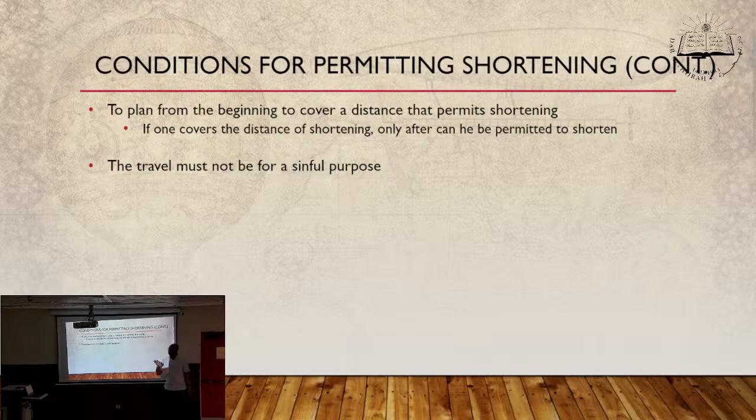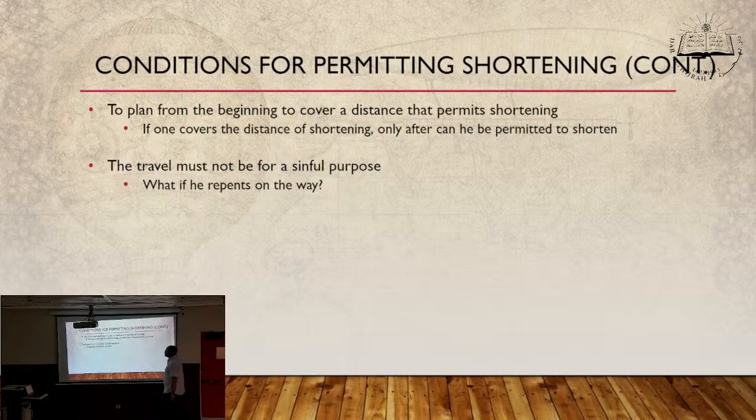Secondly, the purpose of this trip is to disobey Allah subhanahu wa ta'ala, and the moment you are going to disobey Him, you let your privileges go. Because this is to facilitate ease for us. Why would there be ease when I am going to act against the commandment of the one who grants me the ease? Even though He subhanahu wa ta'ala is merciful, we are still accountable. So this individual is not able to shorten the prayer.